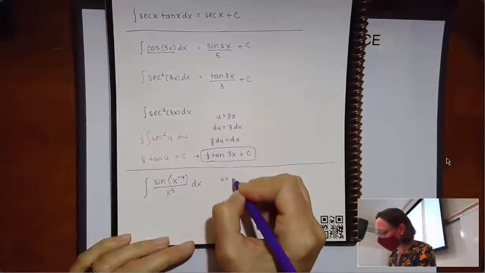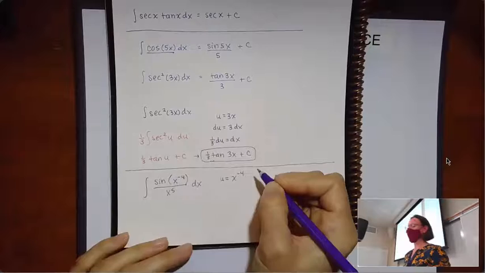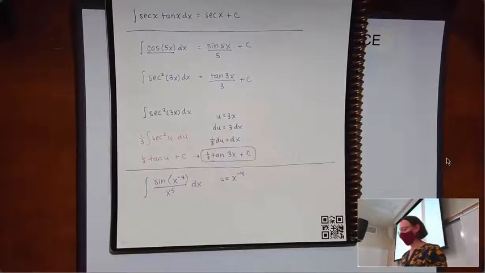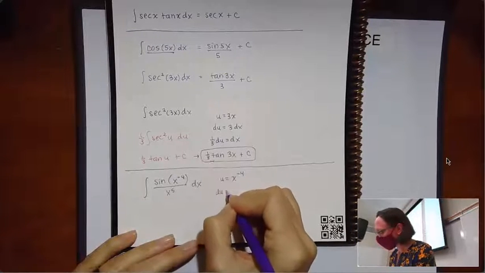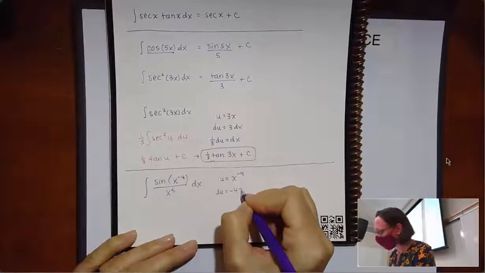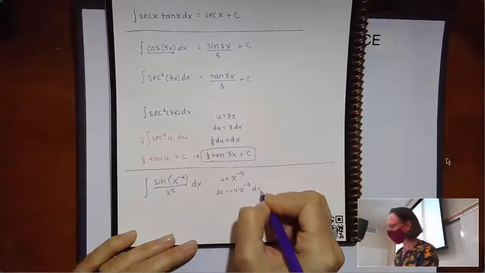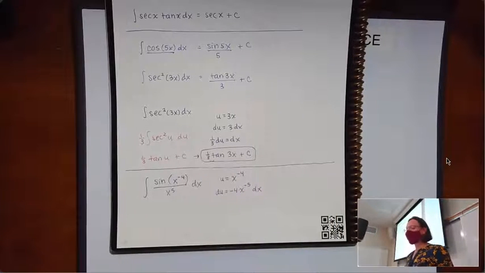So if I were to pick x to the negative fourth, because I would much rather clean up the trig part, then when I take that derivative, I'm going to get negative 4x to the negative fifth dx. And you might look at that and say, oh, we don't have that in the problem. But wait, we do, if we're clever and rewrite this.